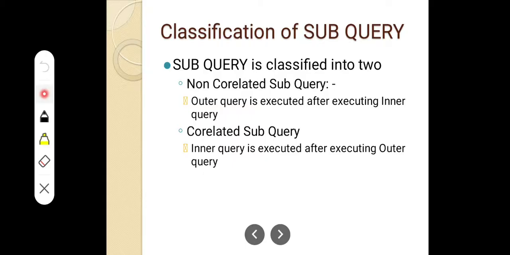Classification of subquery. A subquery can be classified into two types: non-correlated subquery and correlated subquery. In our syllabus we need to study both concepts. A subquery can be written both as a non-correlated subquery and as a correlated subquery.